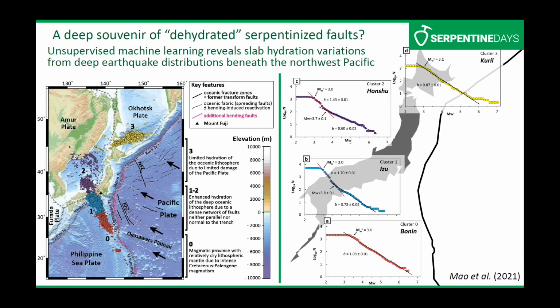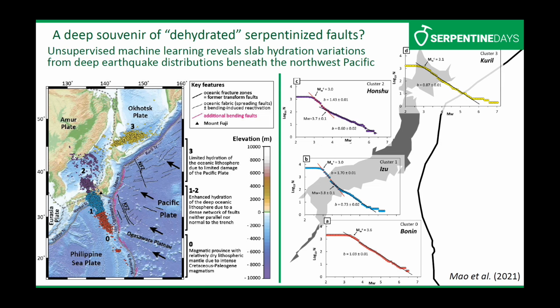In Japan, thanks to a machine learning algorithm, we have found that the hydration level of the plate before subduction was actually controlling the distribution of the deep seismicity, above 350 kilometers depth.